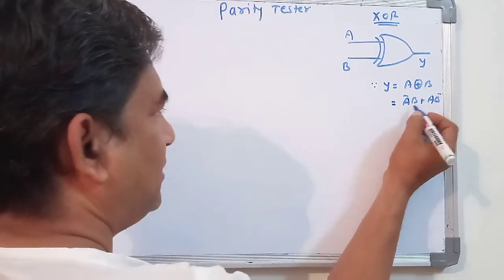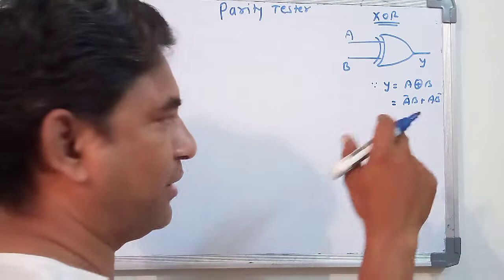So this is the logical equation for the XOR gate.